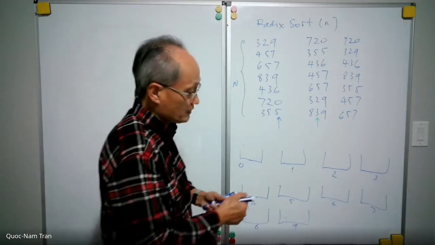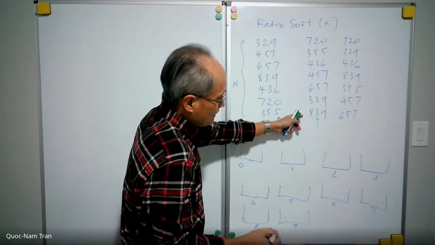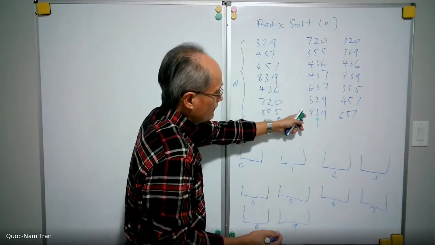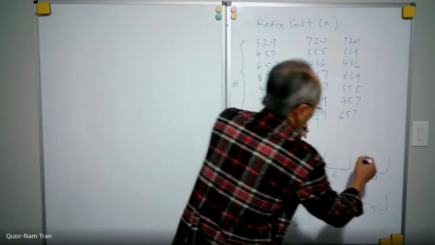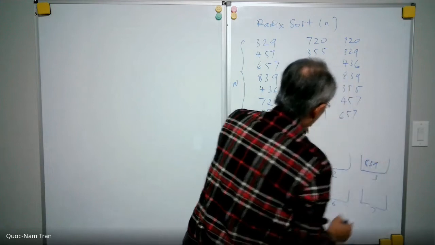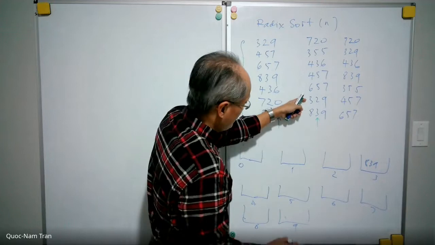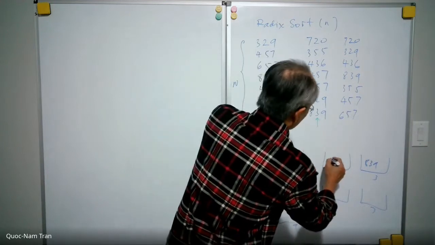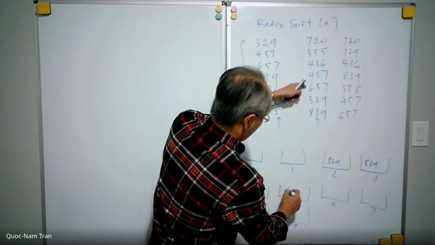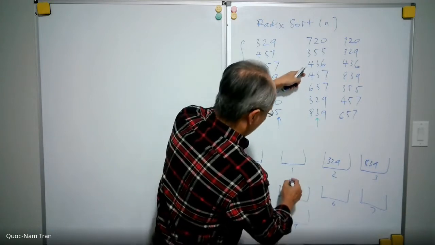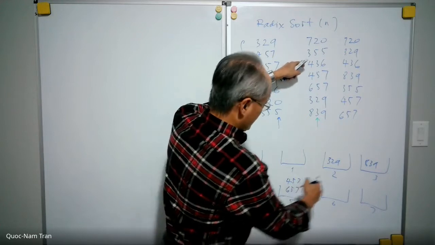There is a shortcut that can help me write it down immediately, but let's start following the algorithm. So 839. We have it here, 839. Keep in mind that we follow the second digit, right? So 329. Here we have 329. And then 657, right? 457, 436.